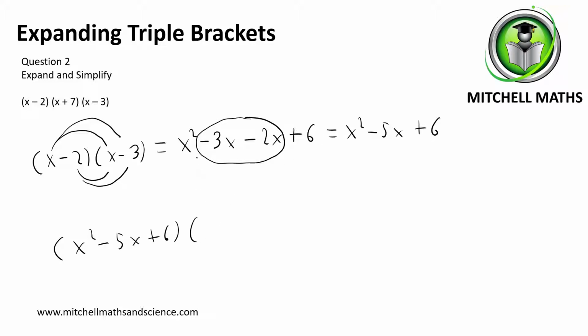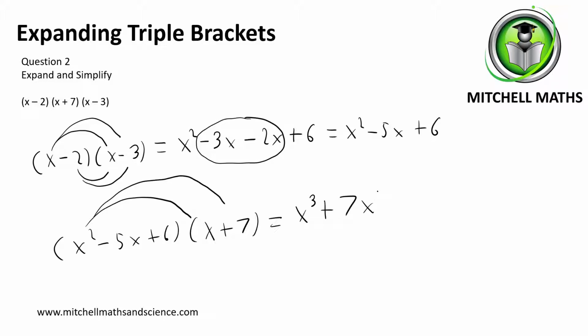So always simplify those two middle terms before you start multiplying by that final bracket. I've got x squared times x, which is x cubed. Remember, you need to multiply all three terms by both of these terms. So I've got 7x squared.